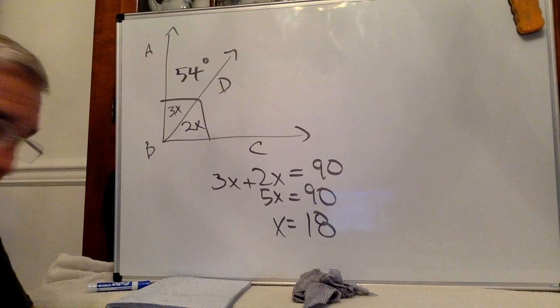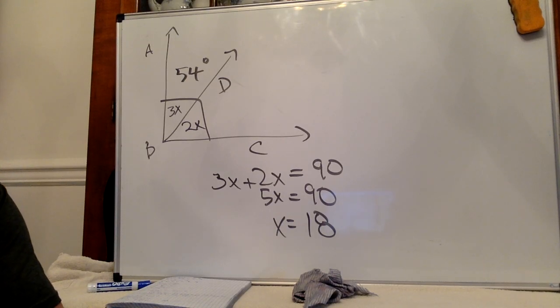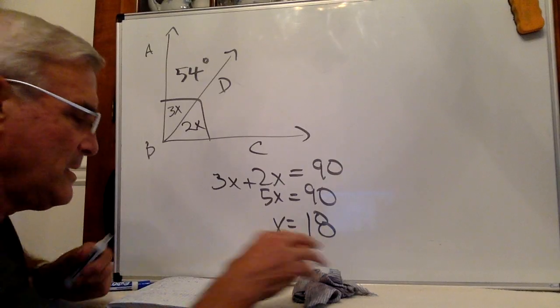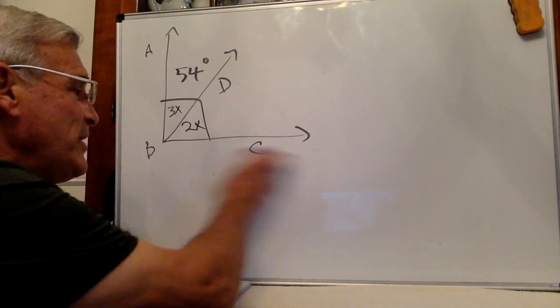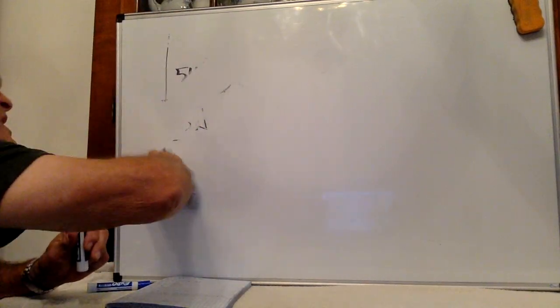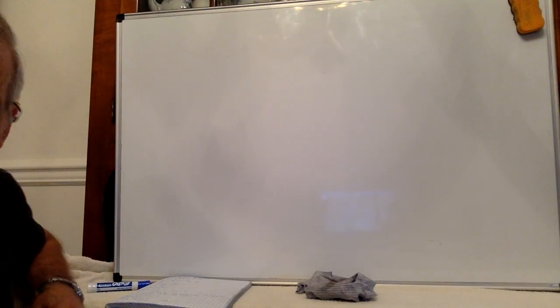The next one on this page was 7. Explain how the sum of two acute angles could be acute. Okay, hopefully everybody's got this. Remember, we defined an acute angle as an angle greater than 0 and less than 90.